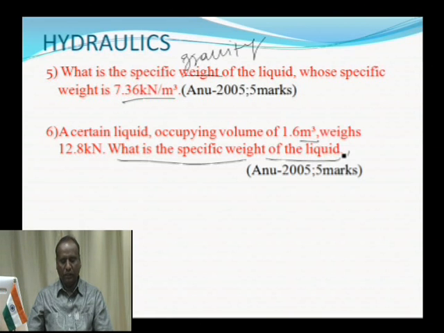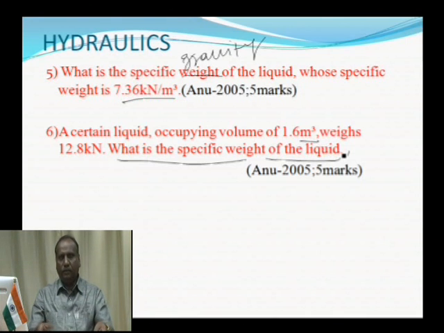This is known as capillary depression, and it is always expressed in mm or cm. Its value depends upon the specific weight of the liquid, the diameter of the tube and surface tension.